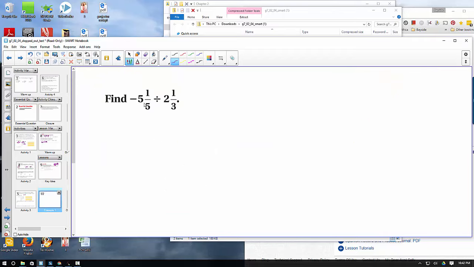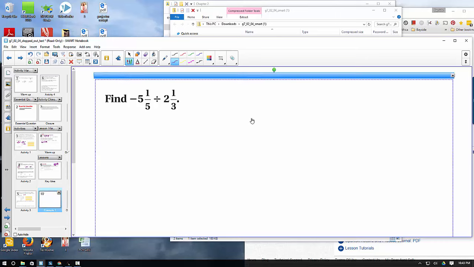This one here, we have to think about what's approximately going to be. So negative 5 divided by 2 is about 2.5, negative 2.5. So my answer should be somewhere around there as an estimate. So we're going to go through here and start solving it. And I'm going to do improper fractions first of all.